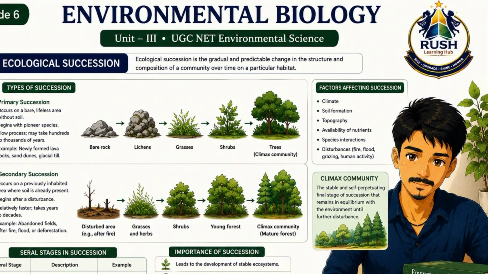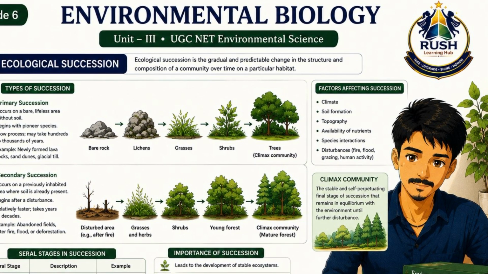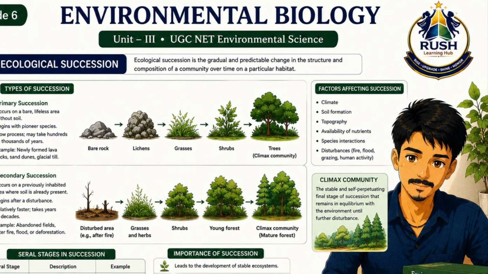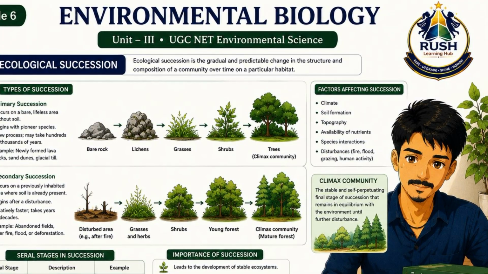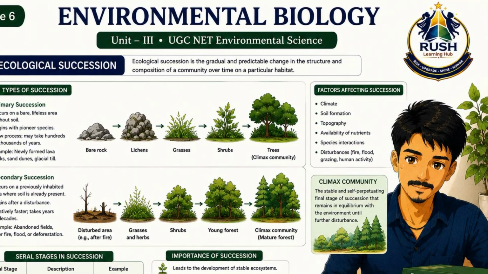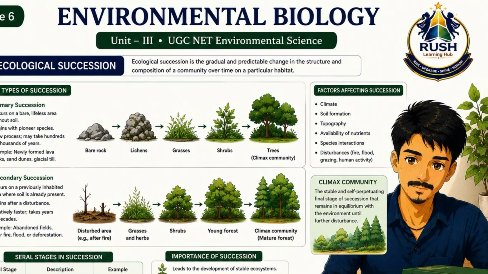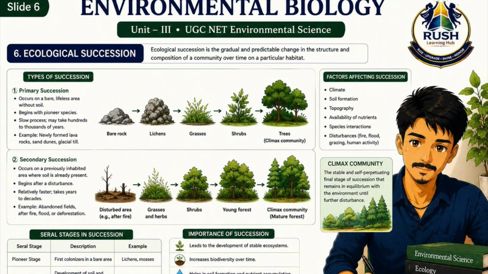Several factors influence the rate and direction of ecological succession. These include climatic conditions, topography, soil characteristics, nutrient availability, species interactions, and disturbances such as fire, floods, grazing, and human activities. Ecological succession plays a crucial role in ecosystem development and stability.